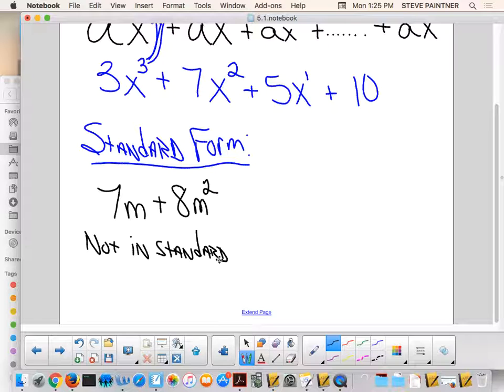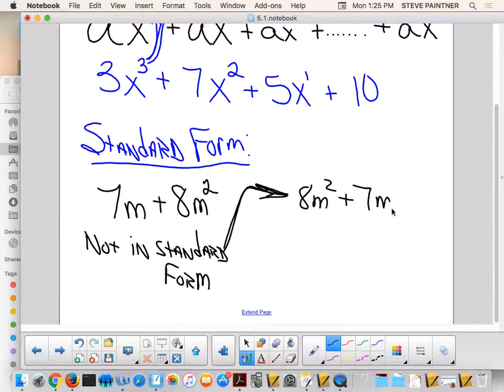M squared? Yes. Okay. So to put it in standard form, you would have to say what? 8m squared plus 7m, and now it is in standard form. Okay? There you go. Good? What's next?